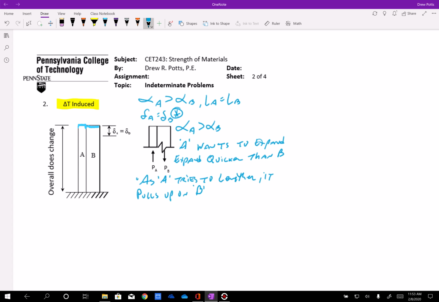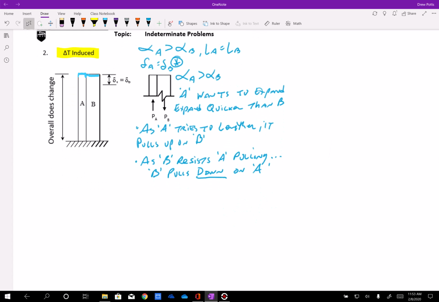Conversely, as B resists A's pulling, equal and opposite, B pulls down on A. So if we think of it a little bit visually, if I have this member and I separate them, there's member A and B. A is here, B is here.